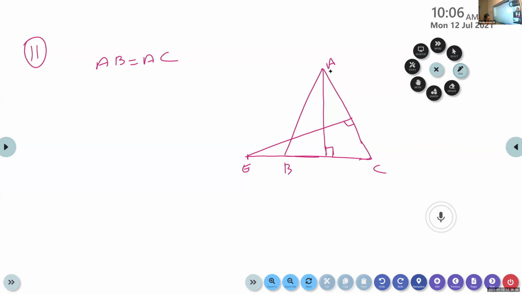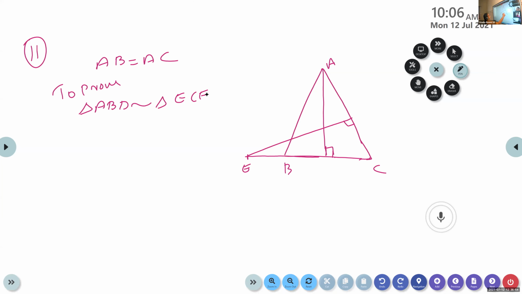Prove that triangle ABD is similar to triangle ECF.